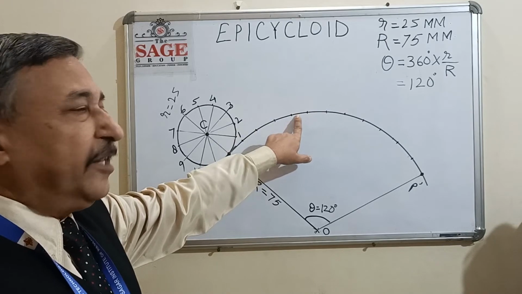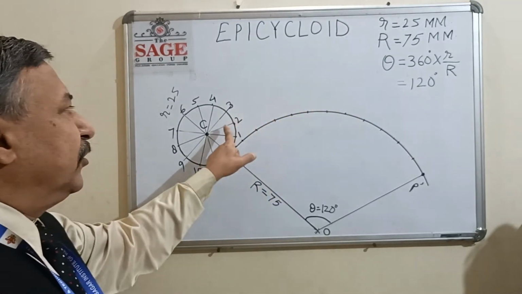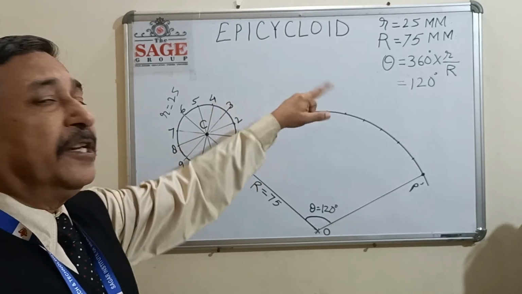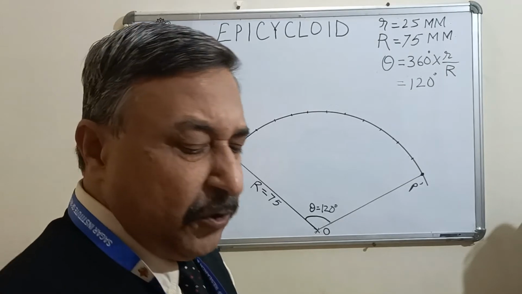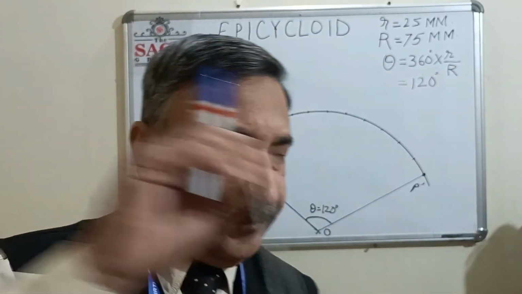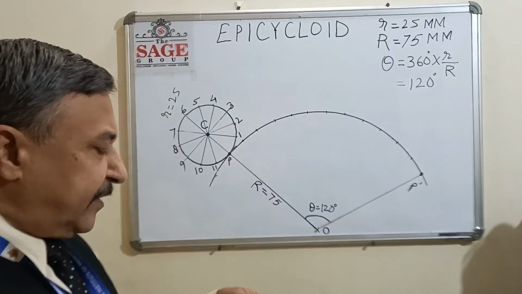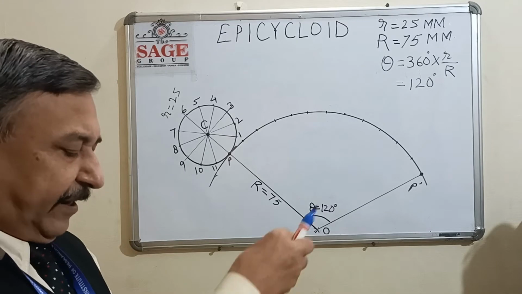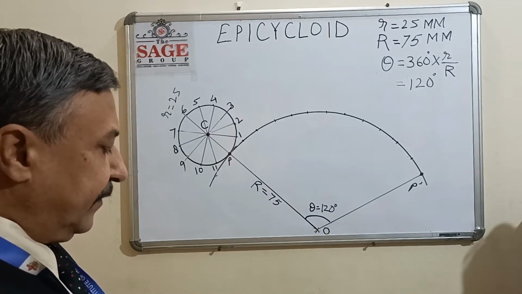Here, parallel to this path, we have to draw the curved paths through 1, 2, 3, 4 and 5. First I have shown you the curved path through C. See here, what is the path of the center?